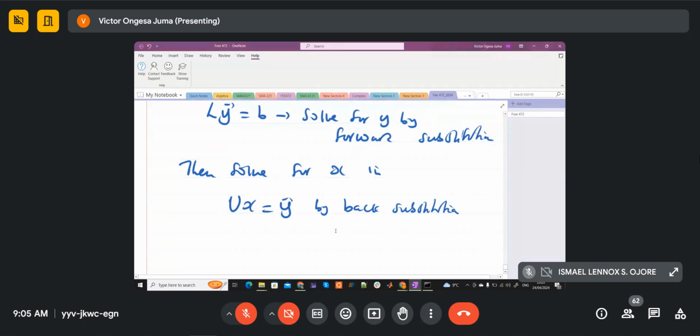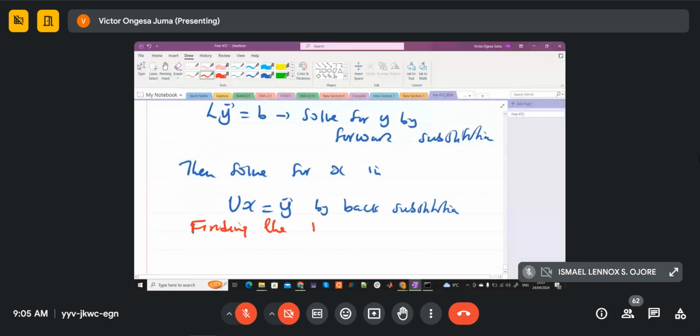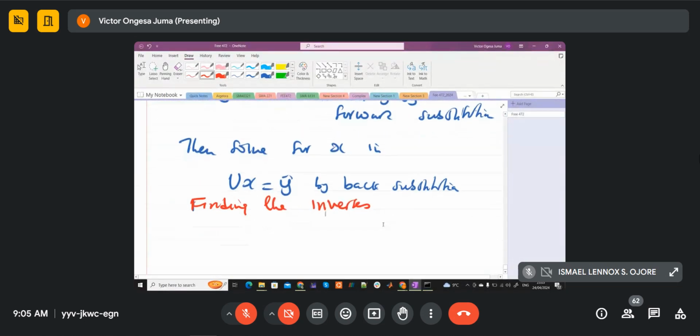So maybe let me do this and then we can do one example. Let me first write the inverses. How do we use LU factorization to find the inverse?